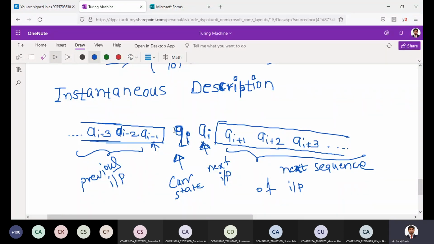Current state Qi, next input will be ai. Earlier, the Turing machine has read input till ai minus 1. After Qi ai, it will read ai plus 1, ai plus 2, and so on, and it will change the state accordingly. So somewhere in between it is there, Qi.